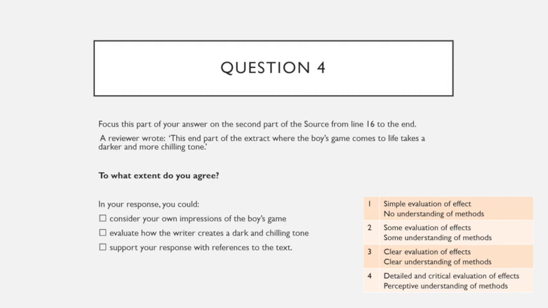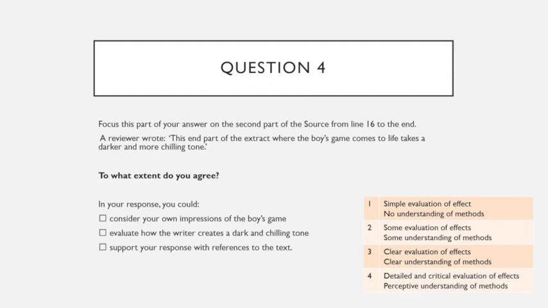You can see on this one, it asks you to focus your answer on the source from line 16 to the end. The question's then going to give you an opinion about the extract. And this one says, the end part of the extract, where the boy's game comes to life, takes a darker and more chilling tone. You have to answer to what extent you agree.